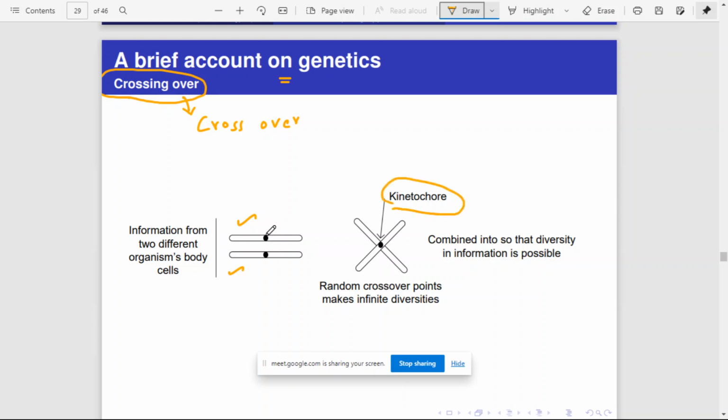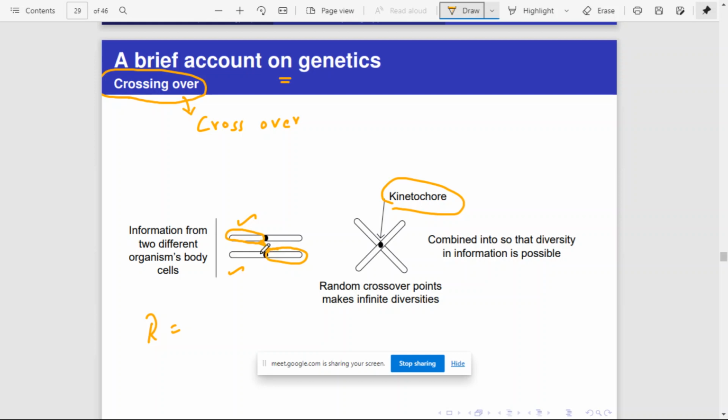So if this is the point, then the resultant offspring, let me call it R, may take one part of the chromosome from the first parent and the second half from the second parent. Okay, so it is something like this. That is one option.